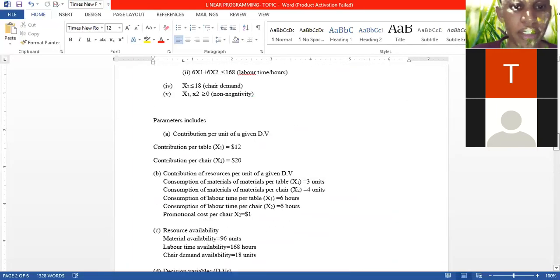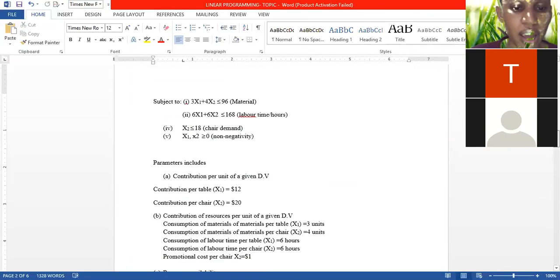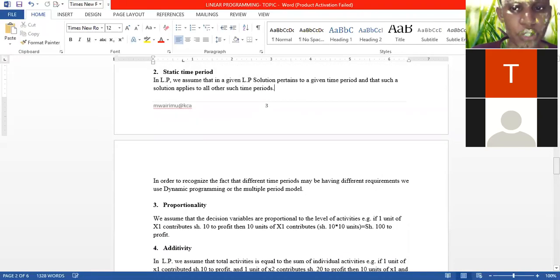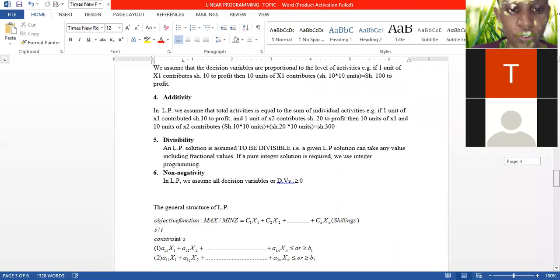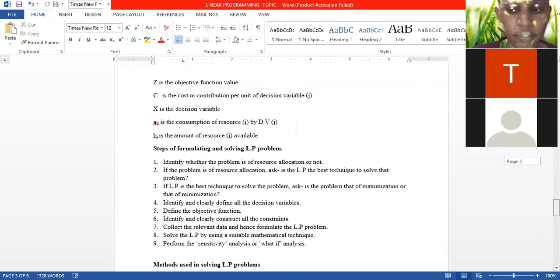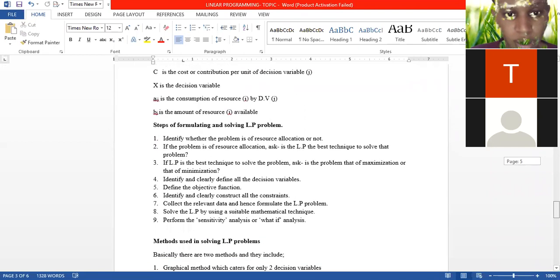And then other things are about these particular assumptions, which say, for example, the period to which we are to handle our case, that the objective function is going to apply for a certain period of time, in which those decision variables are going to remain static or unchanged. So I want you to go through the other portion of the assumptions.